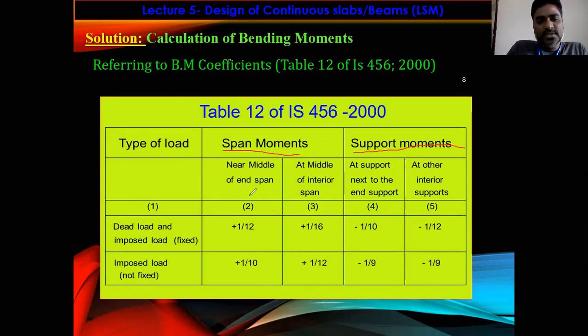For span moments, there are two: near middle of end span and at middle of interior span. The support moments are also two: support next to the end support and other interior supports. So corresponding coefficients should be considered for determination of moments.